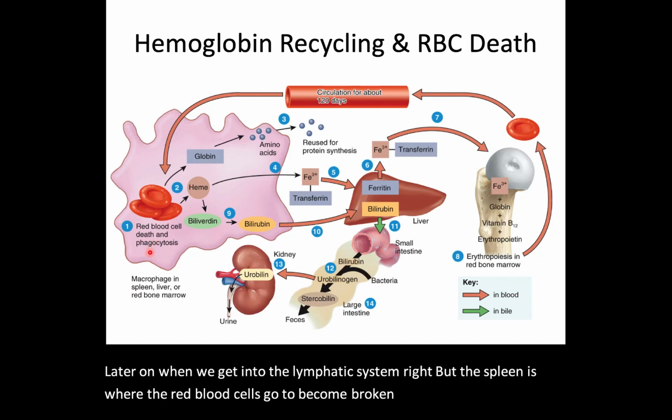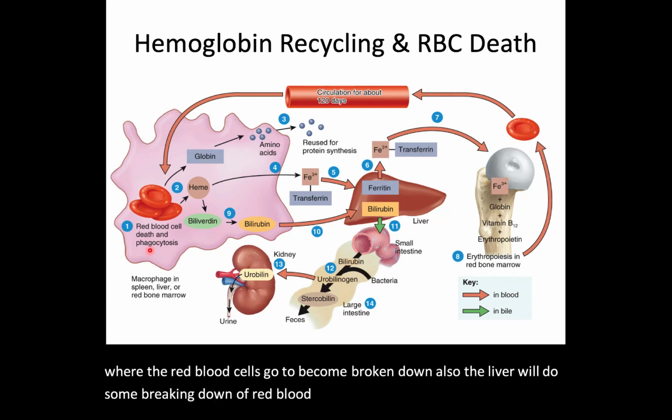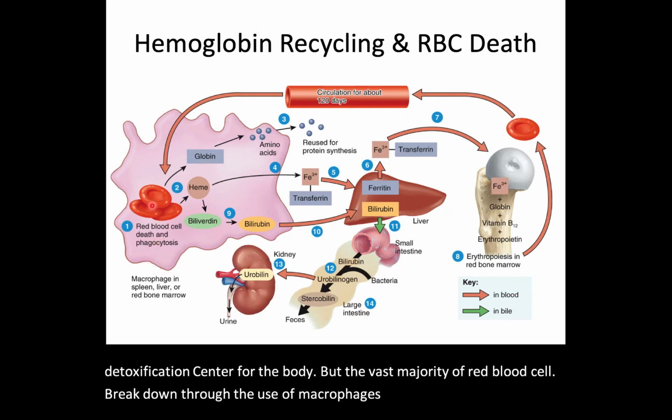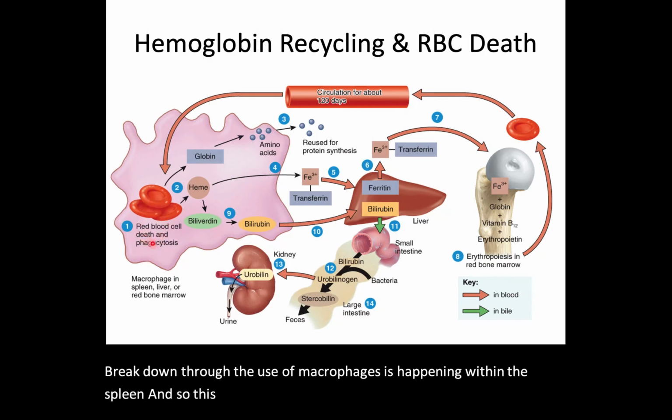The liver will also do some breaking down of red blood cells, as the liver is the major detoxification center for the body. But the vast majority of red blood cell breakdown through the use of macrophages happens within the spleen.